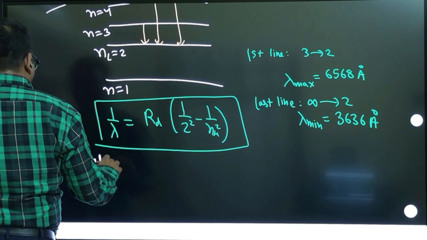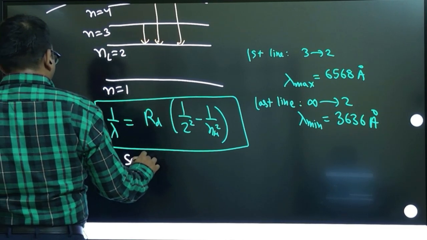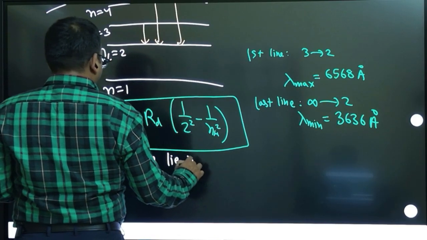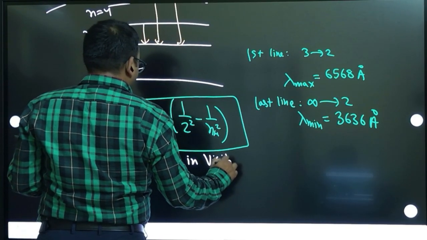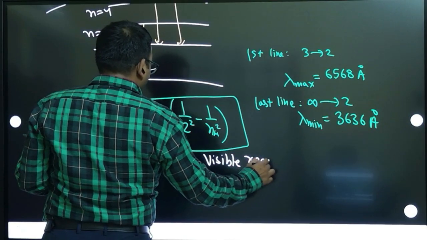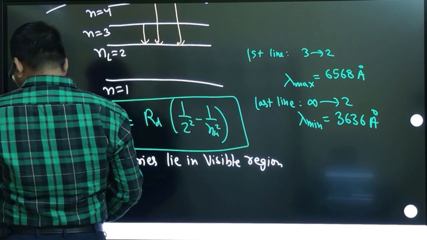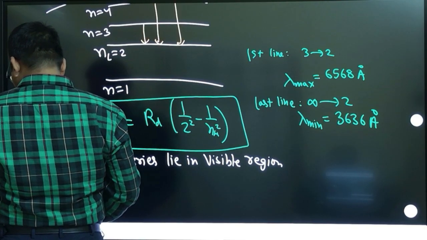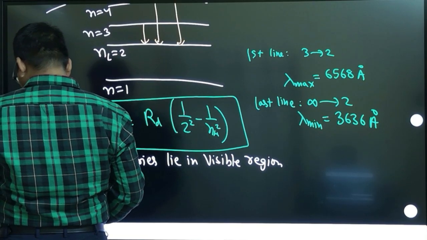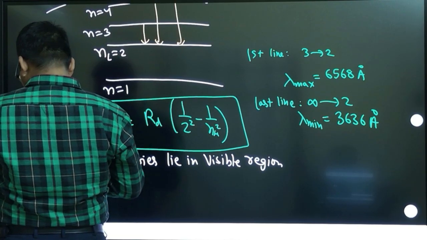Balmer series lies in the visible region. These are questions they will ask: which of these series lie in the visible? Okay.